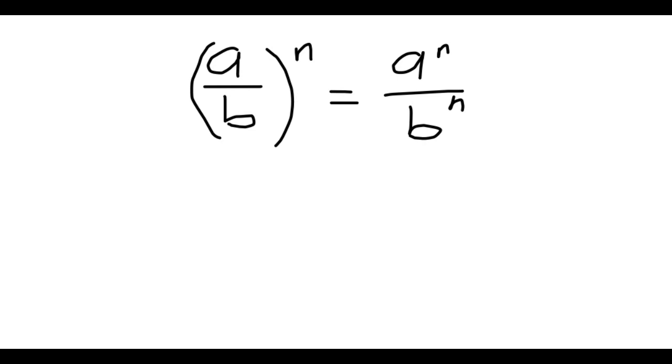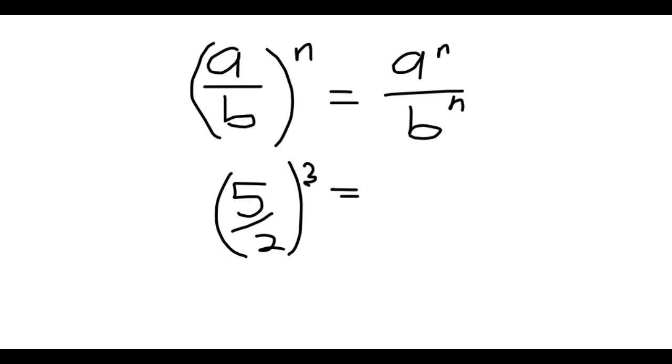Writing the expression in this form, we have (5/2) to the power 3 equals 5 power 3 over 2 power 3.